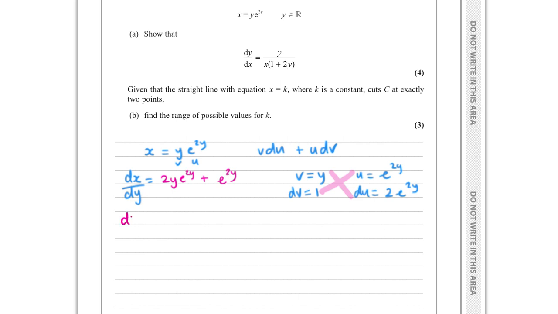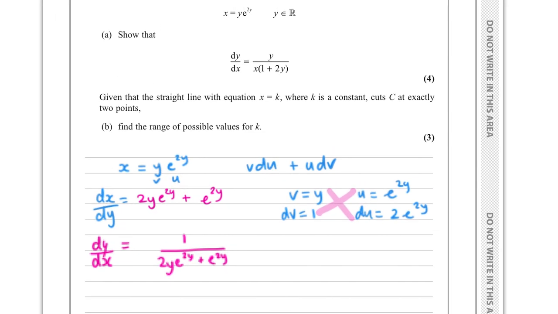So now, dy by dx equals 1 over 2y e to the 2y plus e to the 2y. Now you can see here that what they've done is it looks slightly different to what we have. So now we need to manipulate it a little bit.